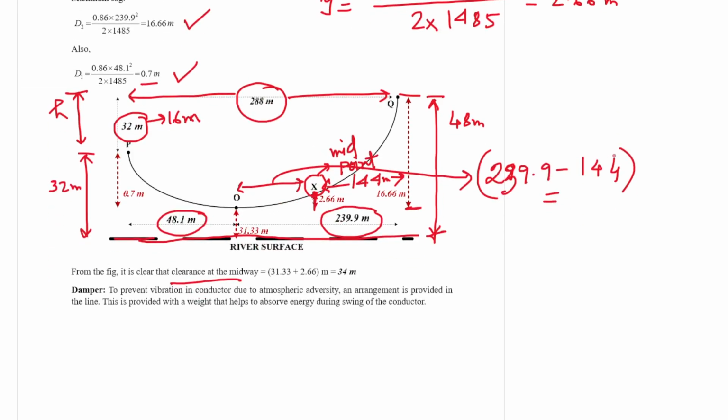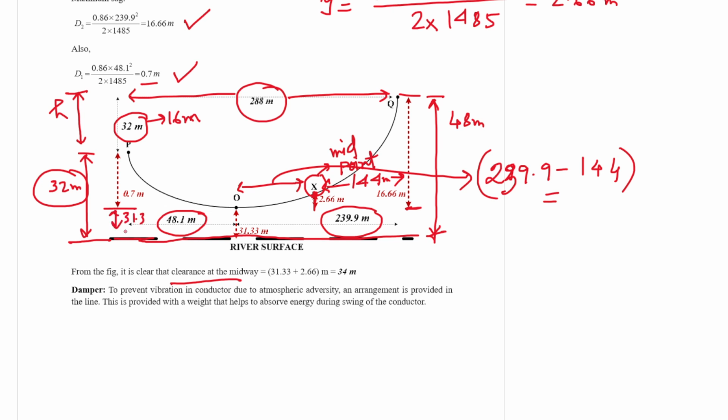So if this is 2.66 meters, now from the water base, that is the river bed, to this height is 32 meters, and this sag is 0.7, so this must be 31.33 meters or 31.3 meters.